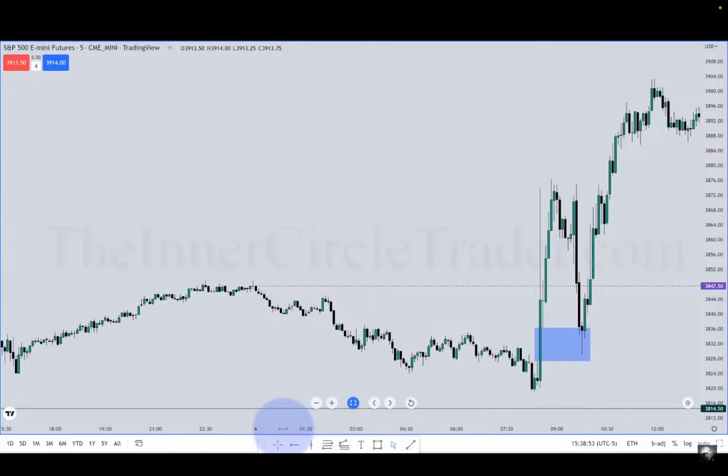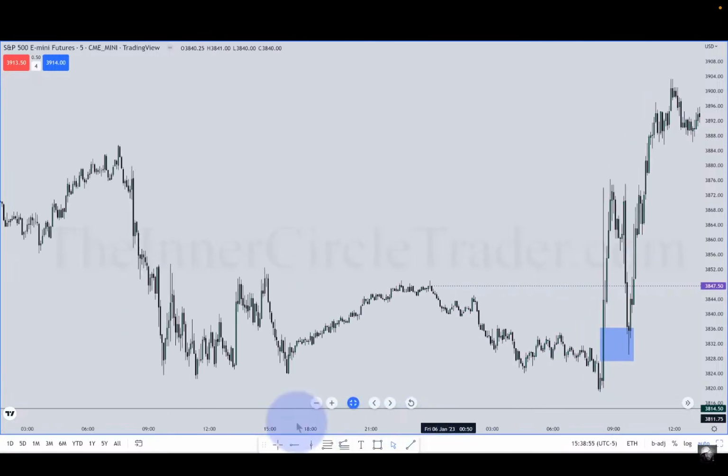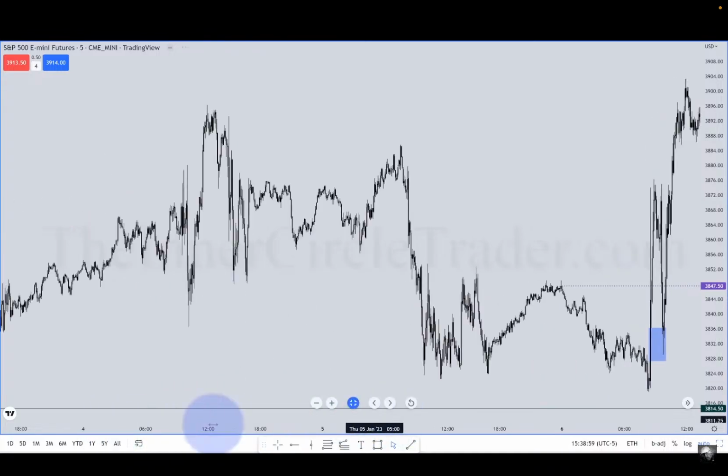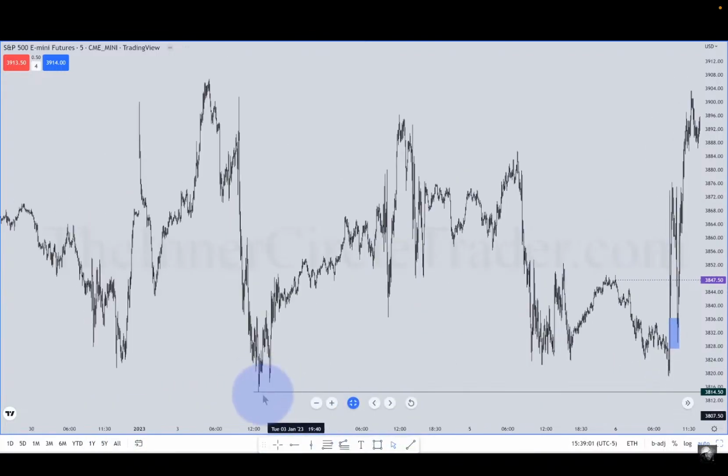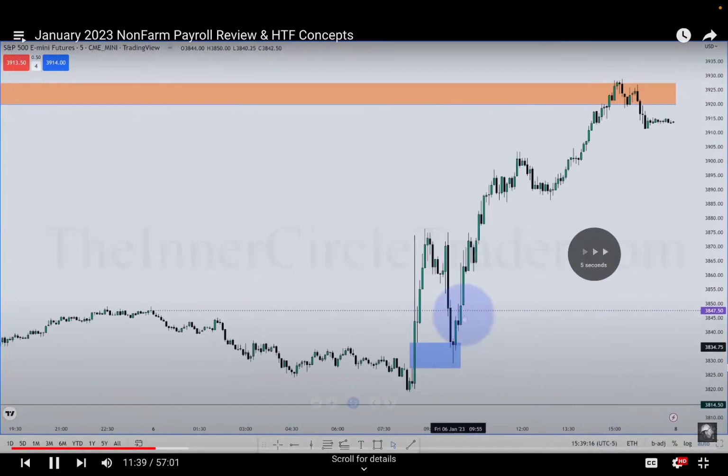Let me bring it back here so you can see. So here's old lows here, and there's one more segment of price action right there. I've been looking for a run to take these out, but it didn't give me that.